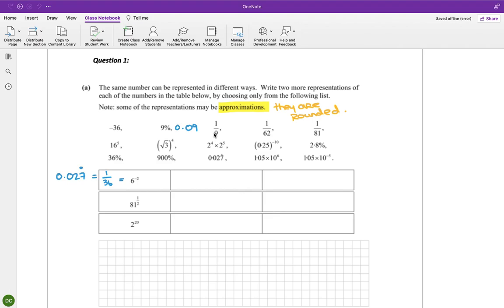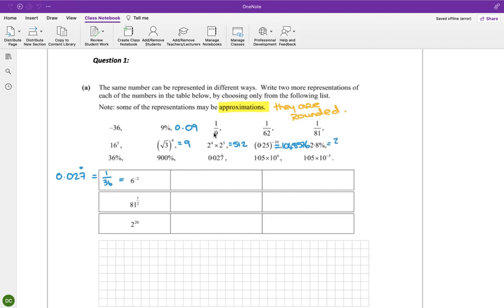That's 9, so that's not it. 2 to the 4 times 2 to the 5 is 512, so that's not it. 0.25, this one here, is 1048576.